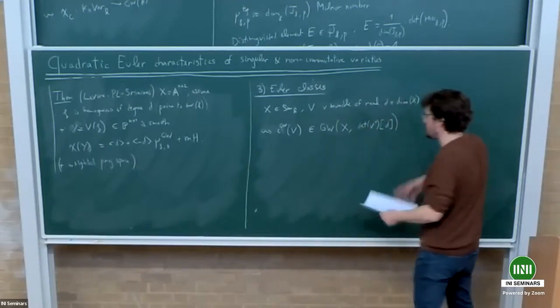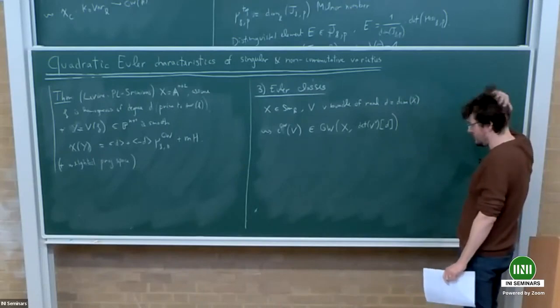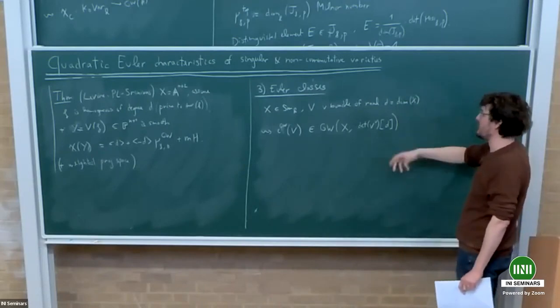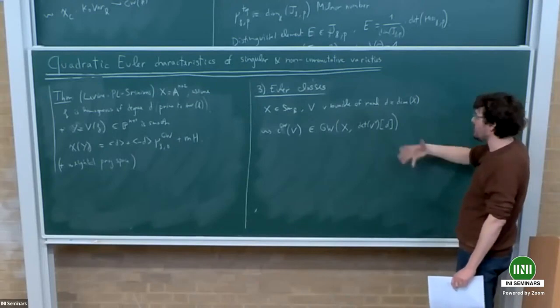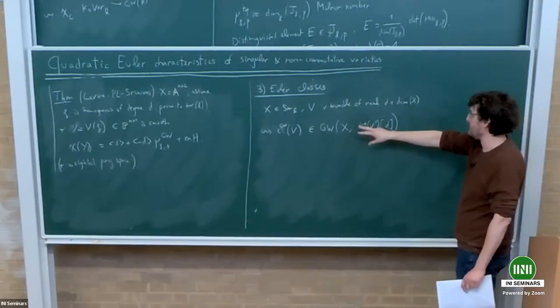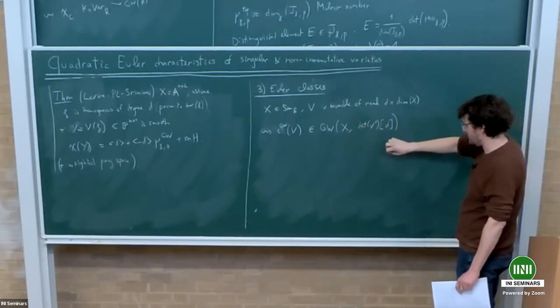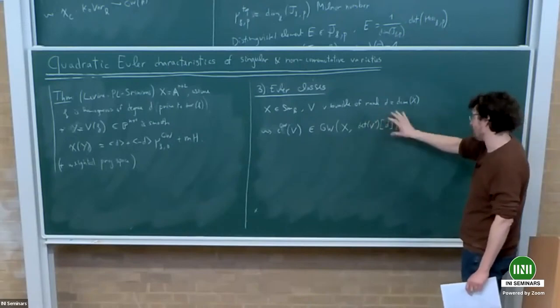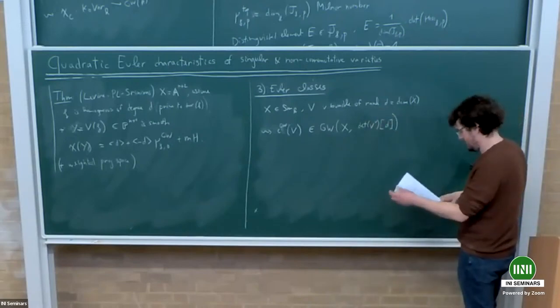So what is this group? It's defined in a very similar way to over a field, except that now you take vector bundles, or perhaps even better perfect complexes over X, together with a symmetric bilinear form valued in this shifted line bundle. Then that's what it is.